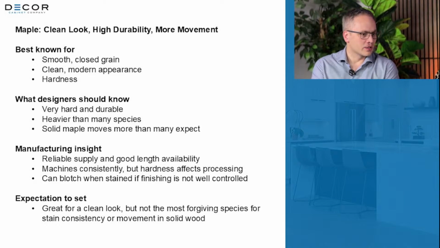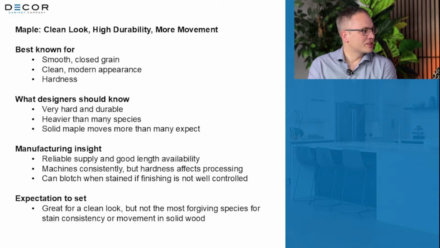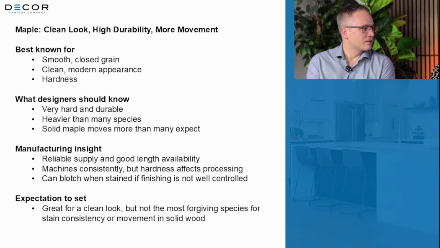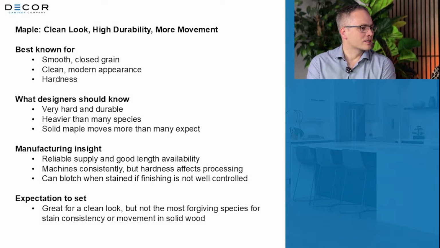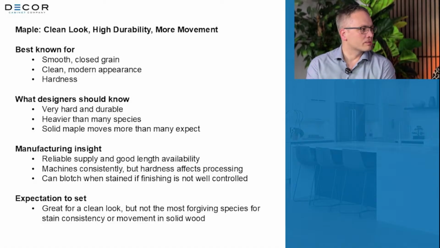Like for maple, but the downside for maple is it moves with humidity changes a lot. So more than most would expect, maple is quite vulnerable to humidity changes. So it's the amount that the wood shrinks and expands when it's exposed to the elements, and that could result in changing of dimensions of a panel, or cracking, or in the design of the product, it needs to have some room for expansion, right?